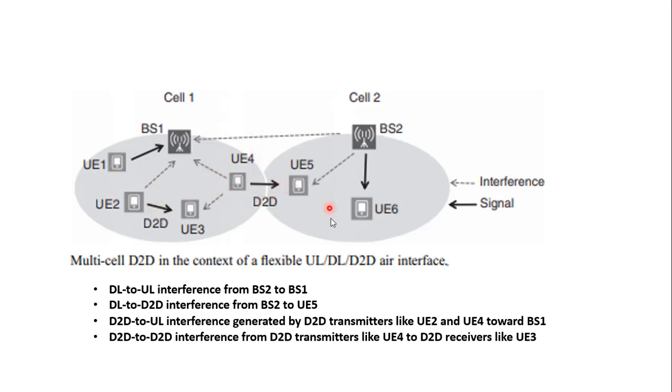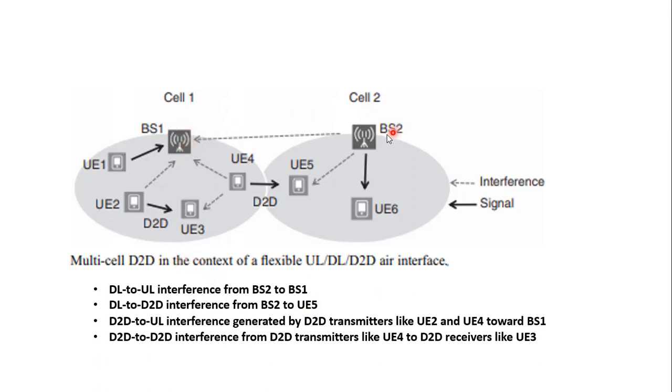Next, if we go for user interface 4, these were inside the cell, now we are going outside the cell. User interface 4 is in connection with user interface 5, because they both are in close proximity and a device to device D2D connection is established for uplink and downlink. But user interface 4 has interference from base station 1 as well as user interface 3. So we can sum up here: downlink to uplink interference from base station 2 to base station 1.